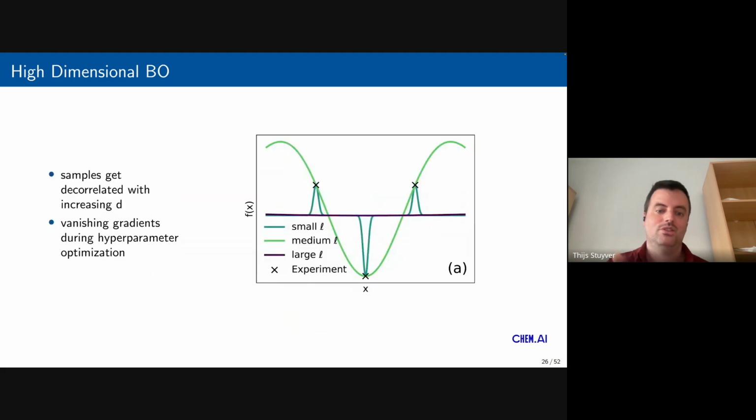And the same is true on the other side. If your length scale is too wide, then you will end up with a Gaussian process model that is flat across the entire search space, and you are also not going to do any meaningful sampling.